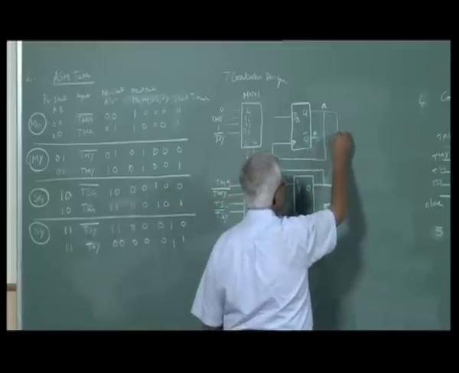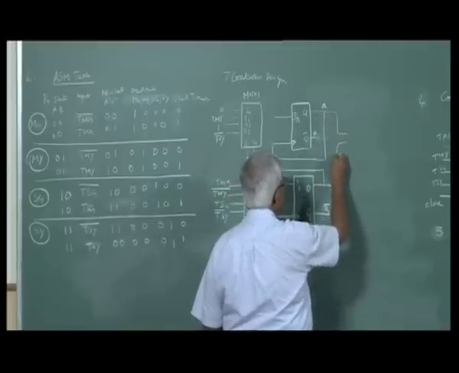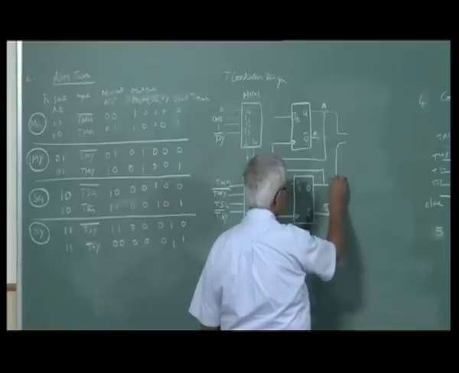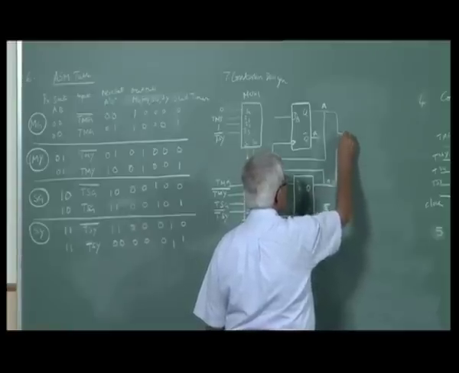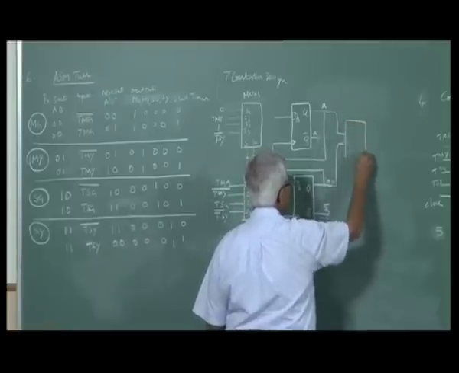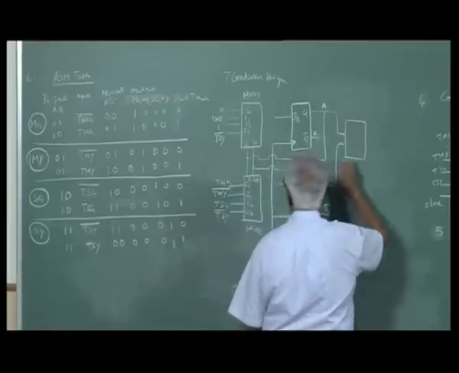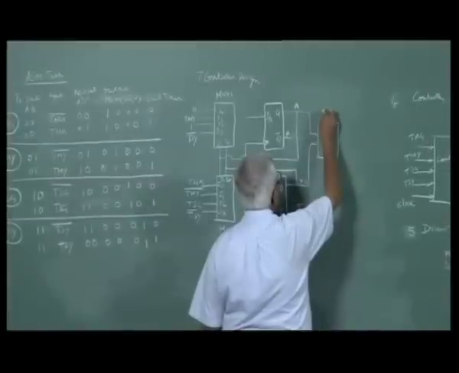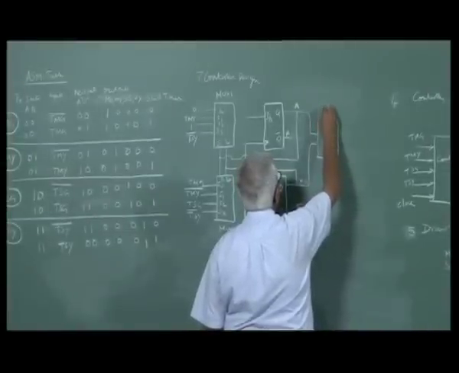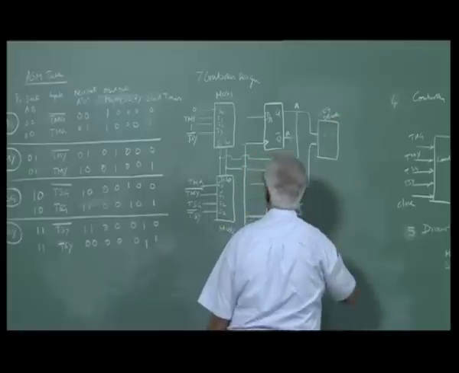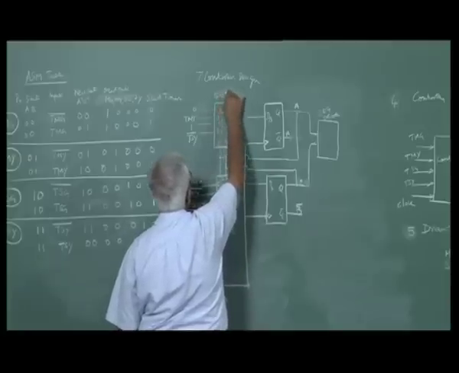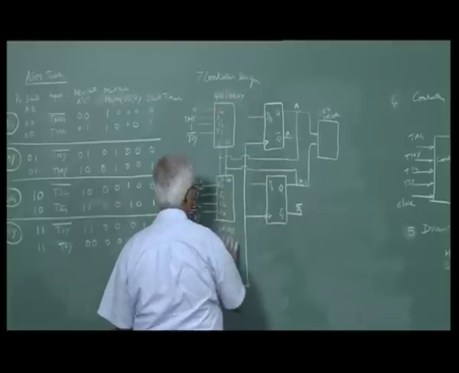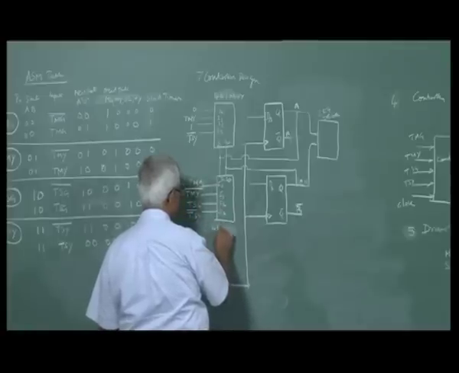Take A and B. Put it into a decoder. 4 to 1 mux.